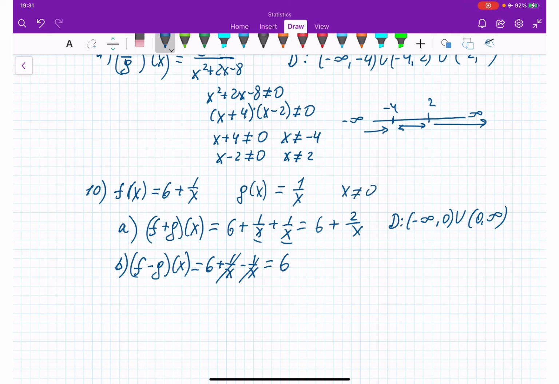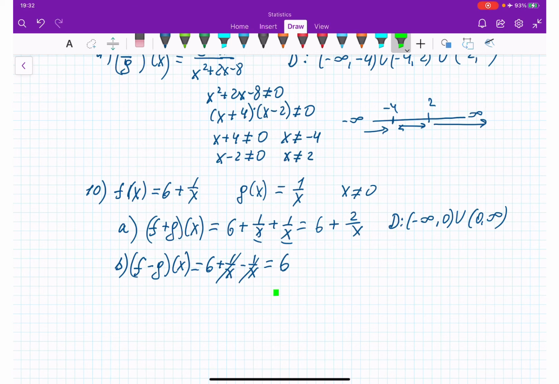Therefore, I have to consider that in my domain, even though f minus g is going to be just 6. In the case of addition, I still had division by x, therefore I didn't have to go back to the original one.